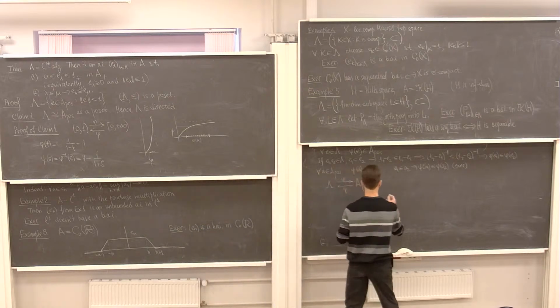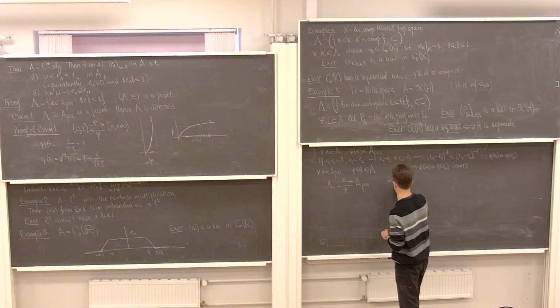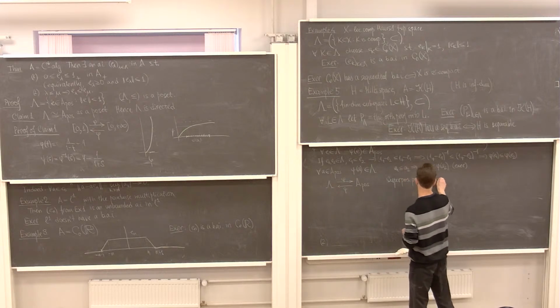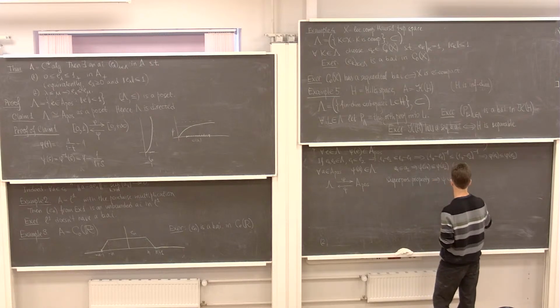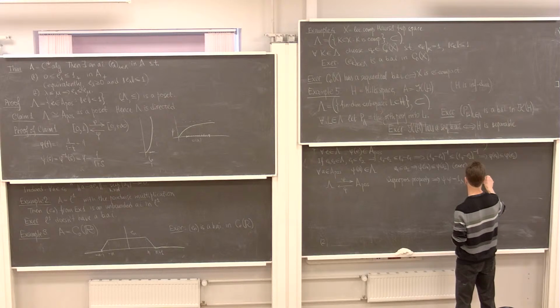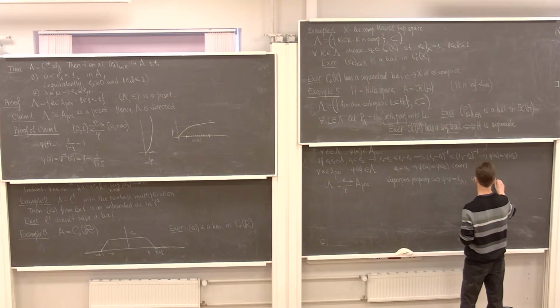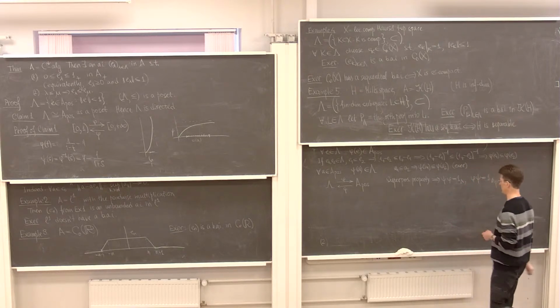And now we just apply the superposition property for the functional calculus, which implies that psi composed with phi is the identity map on lambda, and phi composed with psi is the identity map on the set of all positive elements.